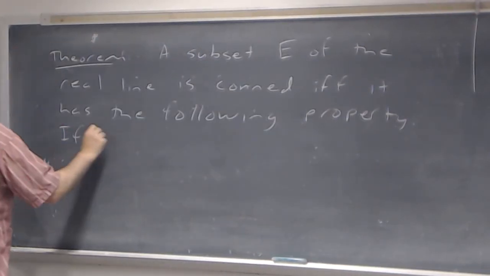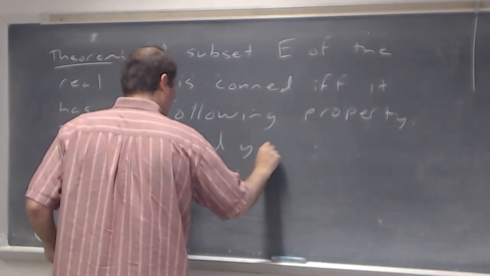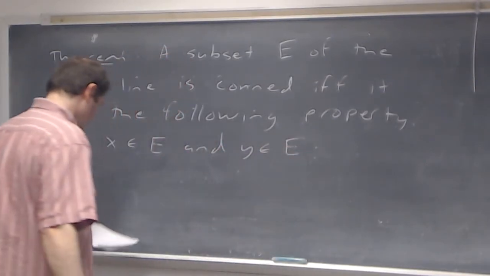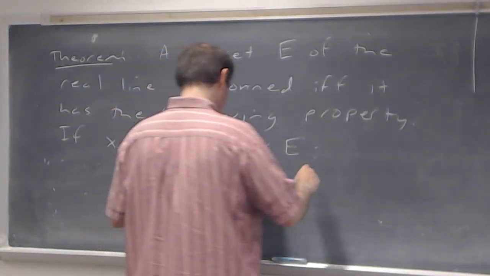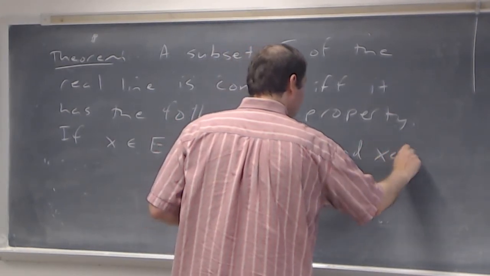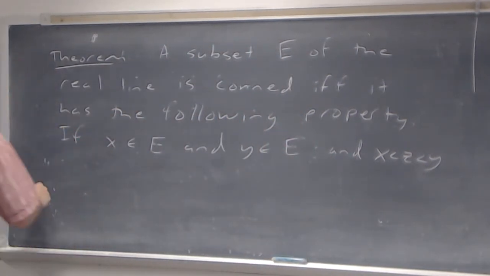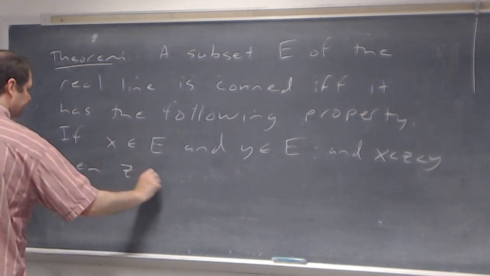If x is an element of E and y is an element of E, and x is less than some number z is less than y, then z has to be in E.